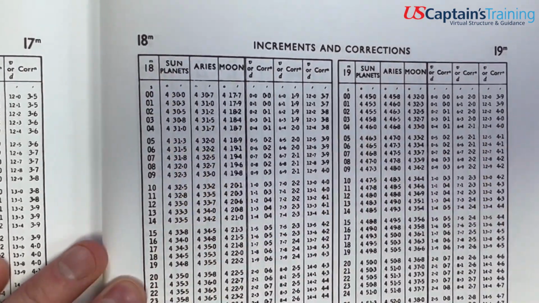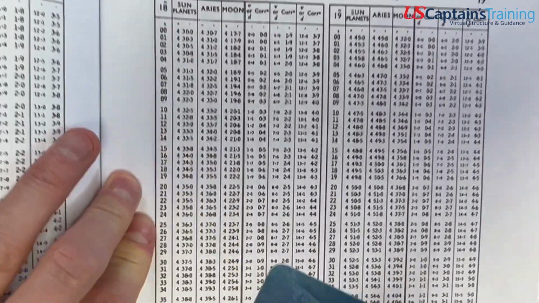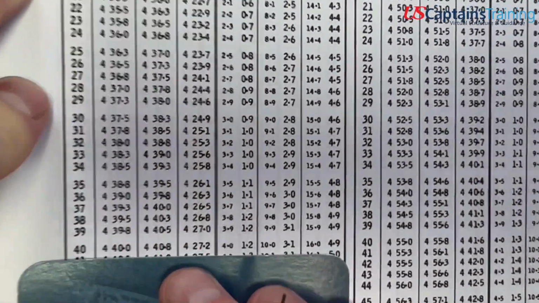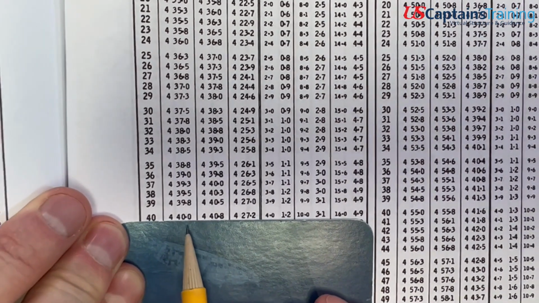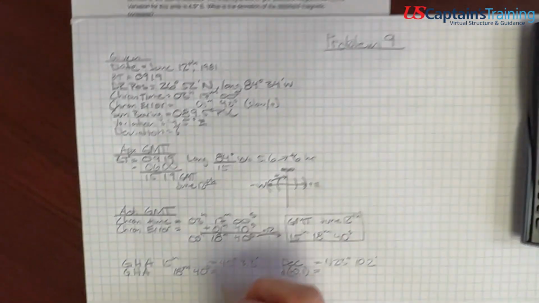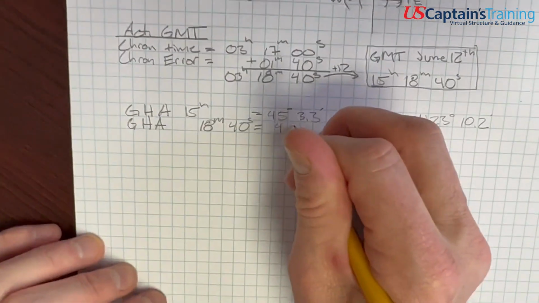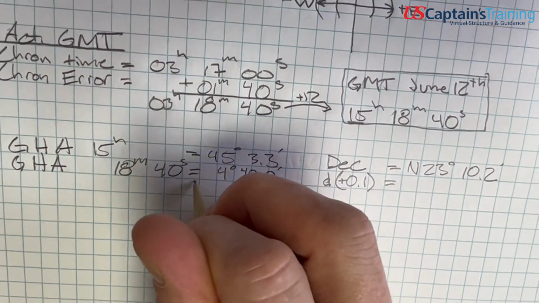Here's the seconds, 18 minutes, 40 seconds. So we drop all the way to the 40 seconds. We get 4 degrees, 40.0. Okay, and we add that.